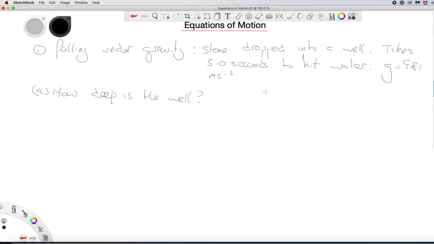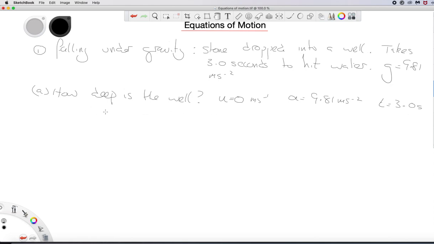So, what do we know? We know the initial velocity is 0 because it's just dropped, it's not thrown. We know the acceleration is 9.81 meters per second squared. And we know the time is 3.0 seconds. And I'm also noting I've got 2 sig figs here, I've got 3 here, so my answer will be to 2. So, how deep is the well?